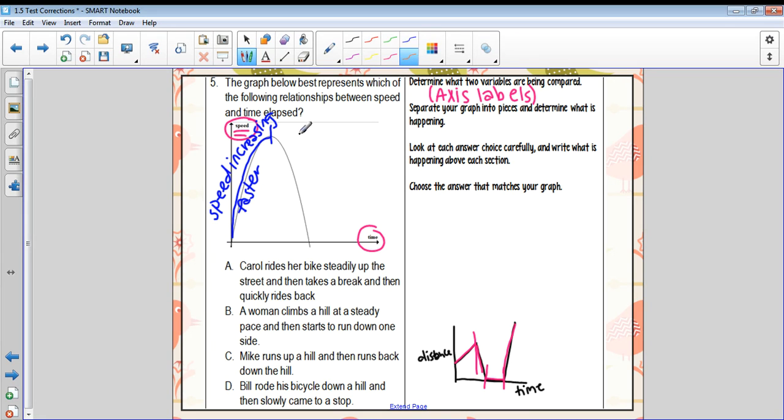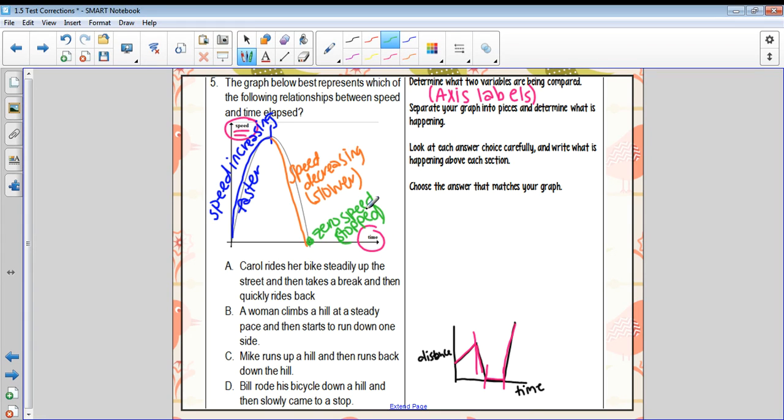Then we're going to go to the second part of my graph where the graph is going down, and that's where my speed is decreasing, or I'm going slower. The last important piece of this graph is this part right here, where all of a sudden I have 0 speed. Well, if you have 0 speed, then you're not moving, you've stopped.